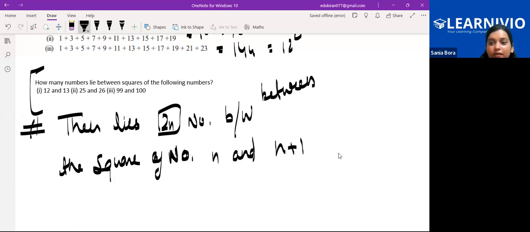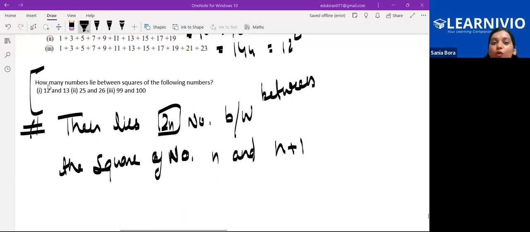Okay, LF, Vega, Shrida, Aisha, each of you read it in turn, and each reads it the same way: there lie 2n numbers between the square of number n and n plus 1.